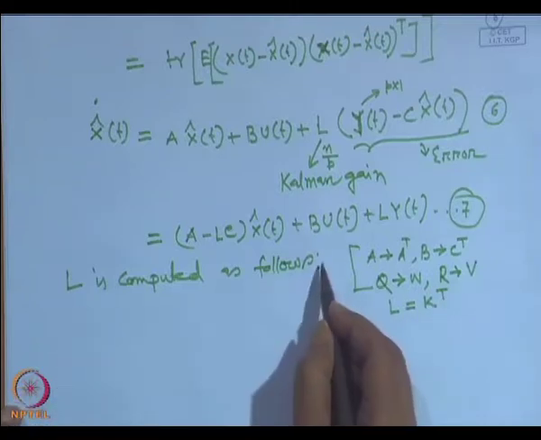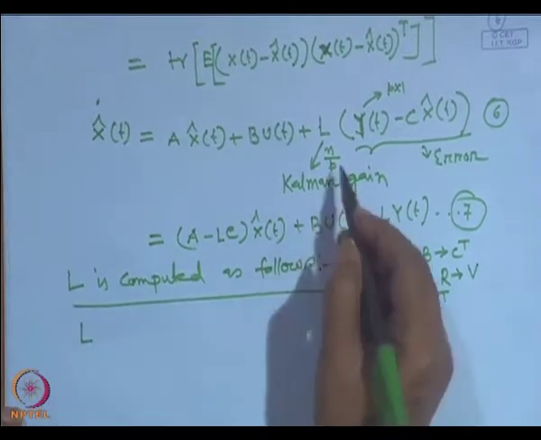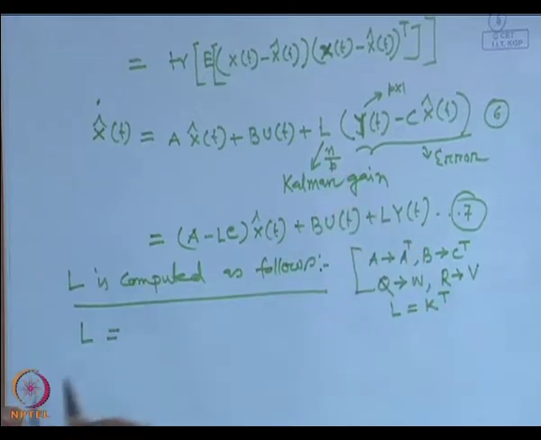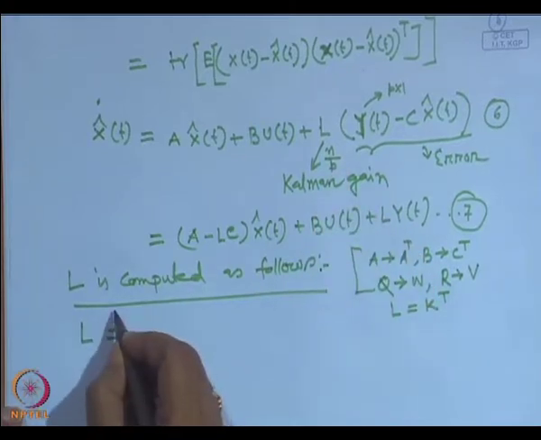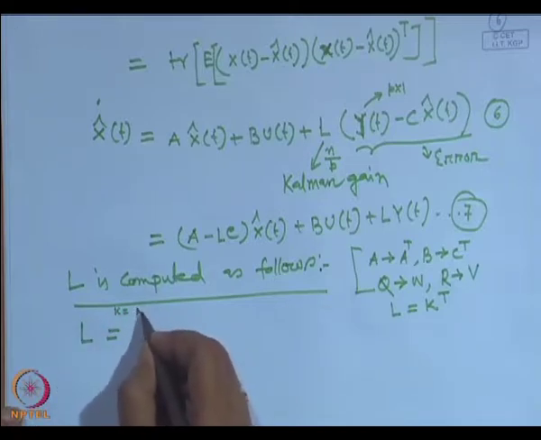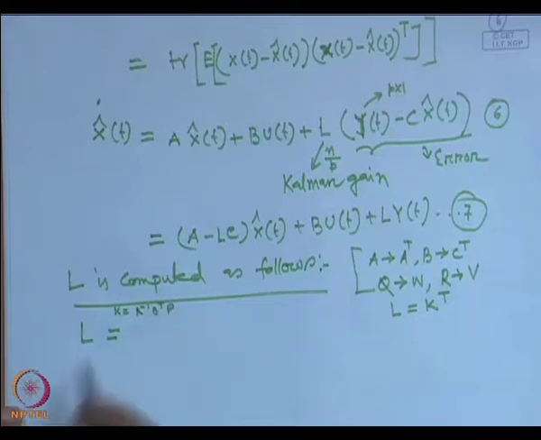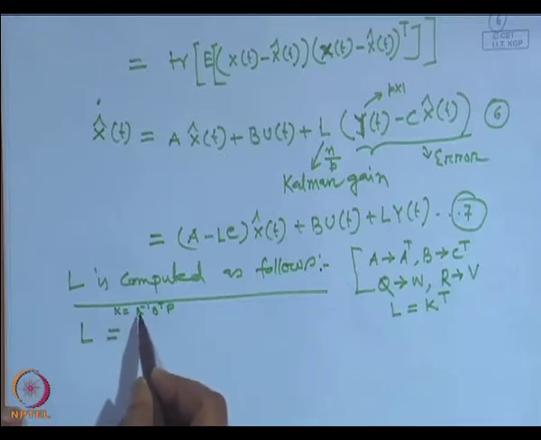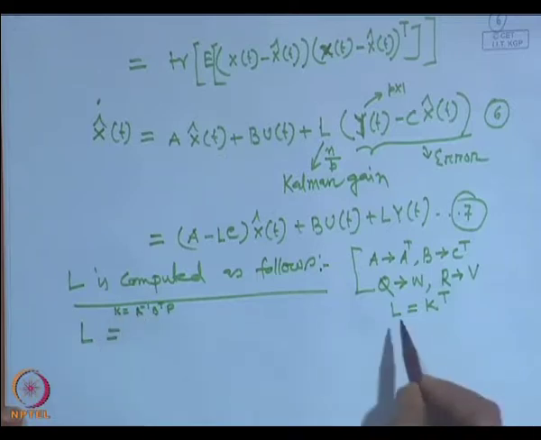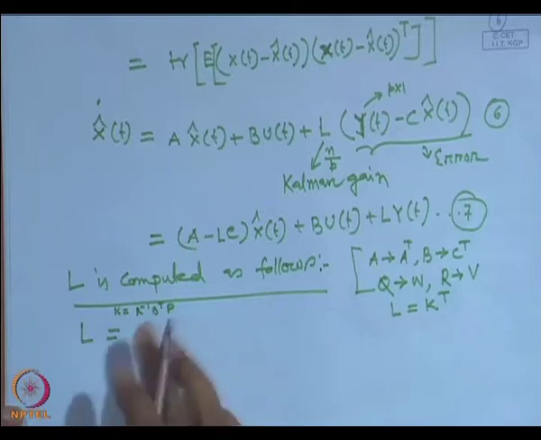Let us see how it is put. Our expression for L, whose dimension is n cross p, is equal to, side by side, the controller expression: R inverse B transpose P. K will be replaced by L transpose, but I want to find L, so L is K transpose.